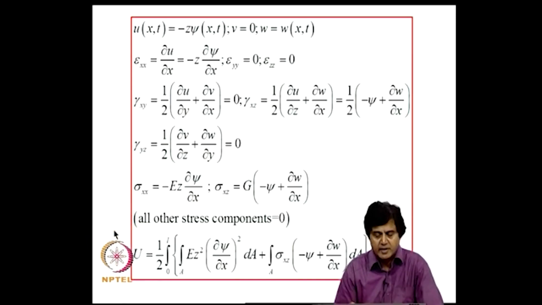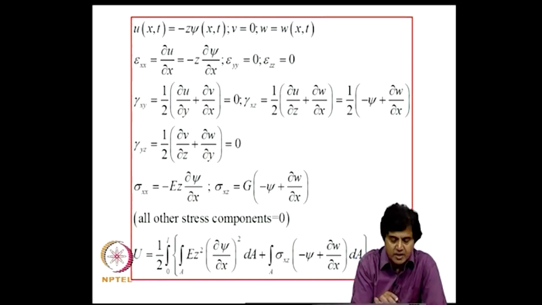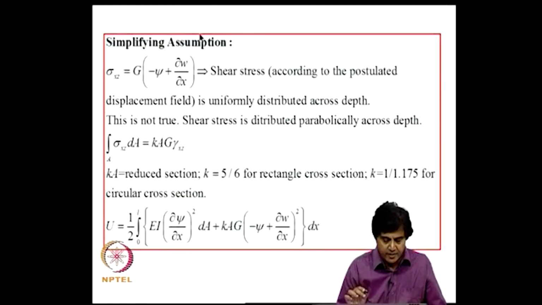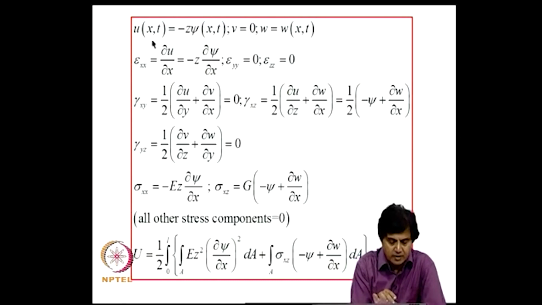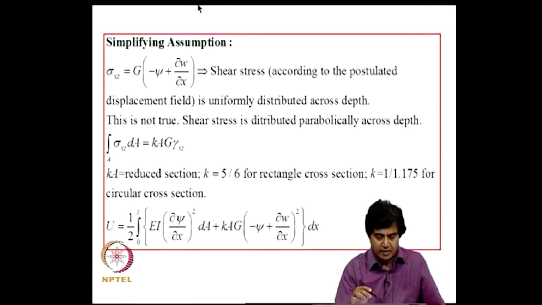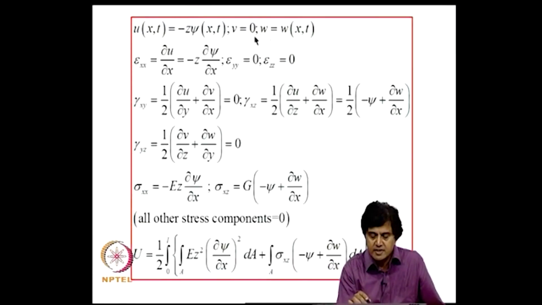Now, how do we formulate this problem? We introduce a new variable called psi, that is that angle, and u is given by minus z into psi, because the section is still plane, it is not normal to the neutral axis, but it is still plane. Therefore, I can write v is 0 and w is w of x comma t as before.